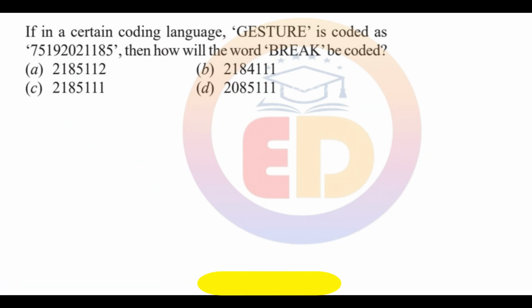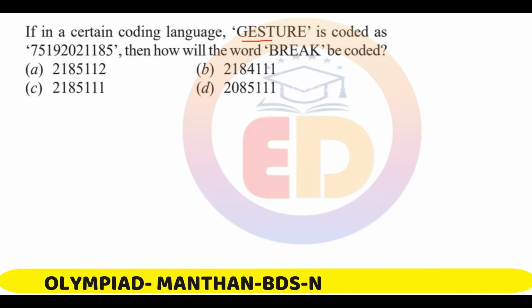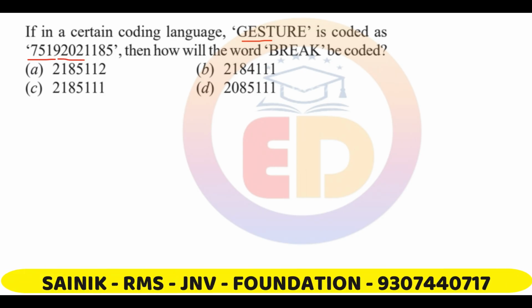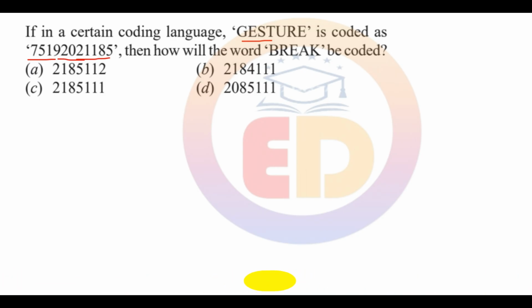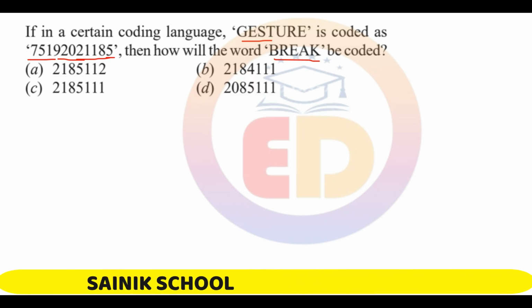Next question. If in a certain coding language gesture is coded as 7, 5, 19, 20, 21, 18 and 5, then how will the word break be coded? So I see that the gesture, again, this is a similar pattern of coding.